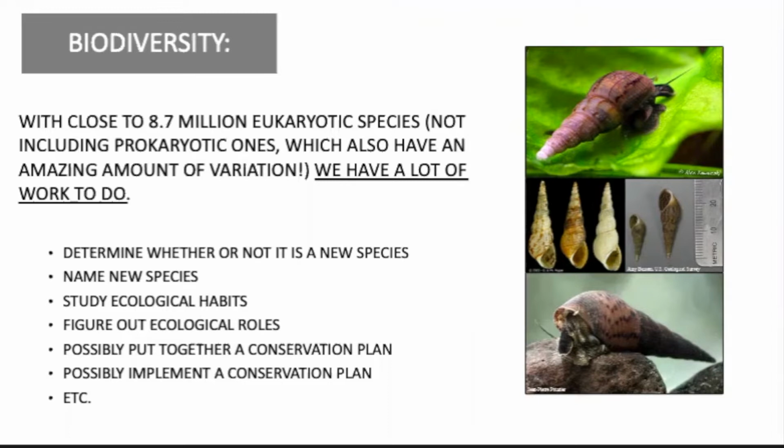So the implementation of these conservation plans is really key. This comes in at a government level, and it can get sticky because then we start dealing with politics. But the research that goes behind these conservation plans is really the future, and it's really what is going to save the biodiversity that we still have here on Earth.